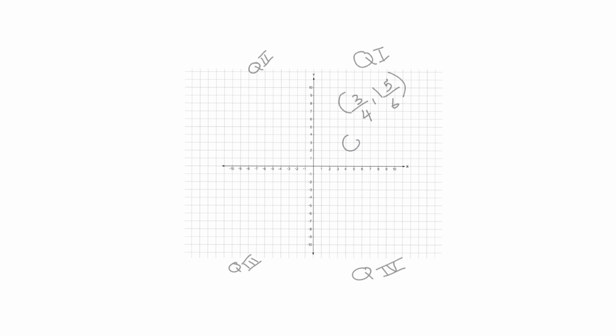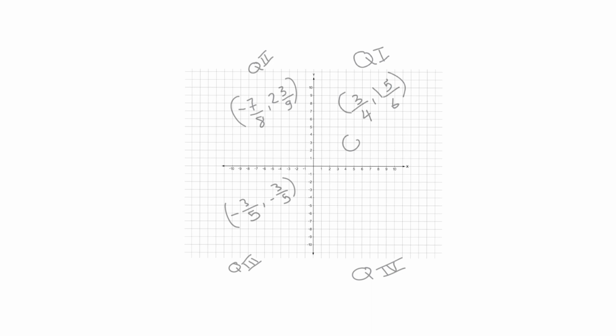If you're getting a negative 7 over 8 along with 2 and 3 over 9, since the first one is negative and the second one is positive, then it means that this ordered pair is located in the second quadrant. If you're getting negative 3 over 5 along with negative 3 over 5, since both values are negative, then it exists in this quadrant, quadrant 3.